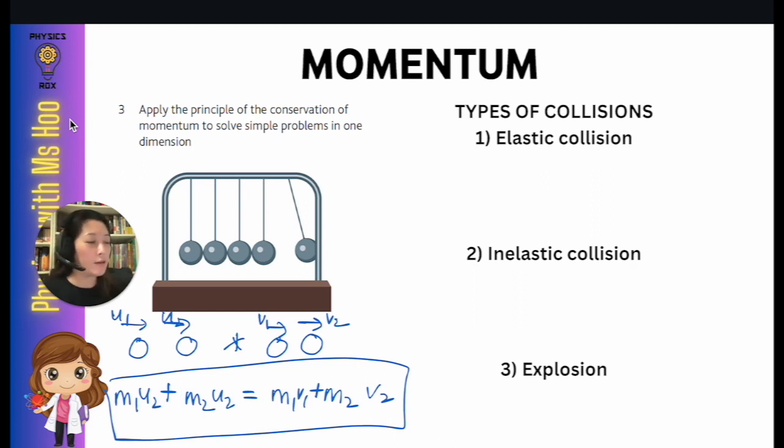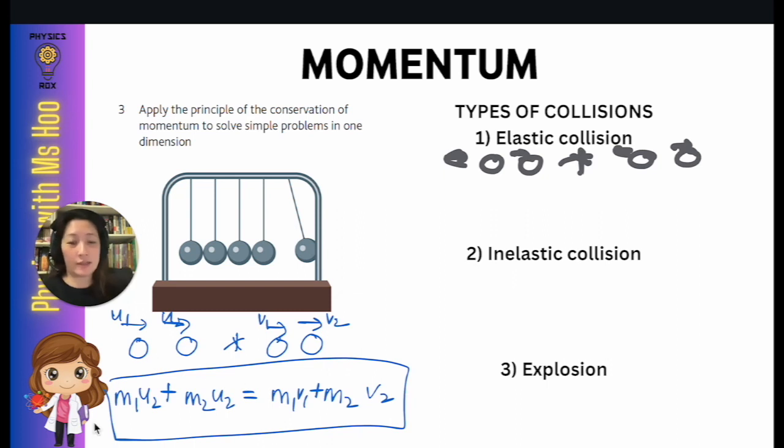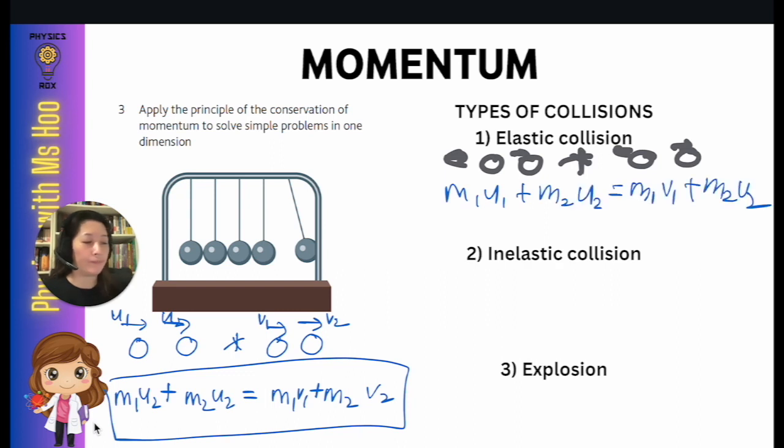For elastic collisions, the objects move separately after collision, whether they're moving opposite direction, same direction, whichever. Okay, the formula that we use is actually this direct formula, which is m1 u1 plus m2 u2 equals m1 v1 plus m2 v2.